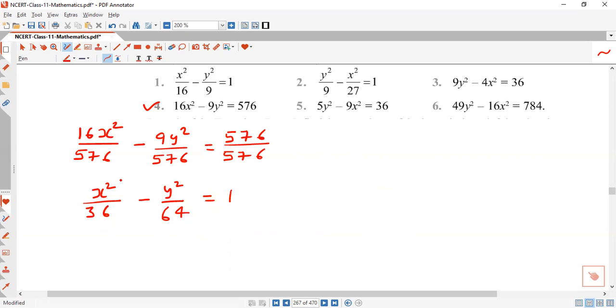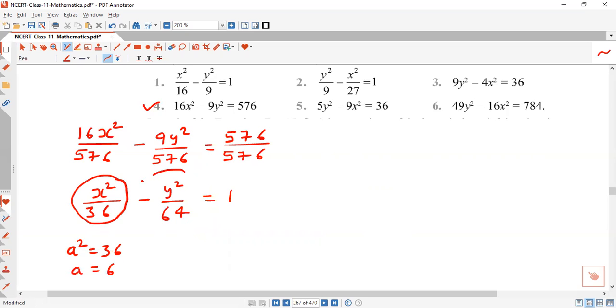Now you see this one, which one is positive? This x square term, 36, is positive. So we say a square equal to 36 because this is the positive term. Always remember, we take a square equal to 36, so a equal to 6.